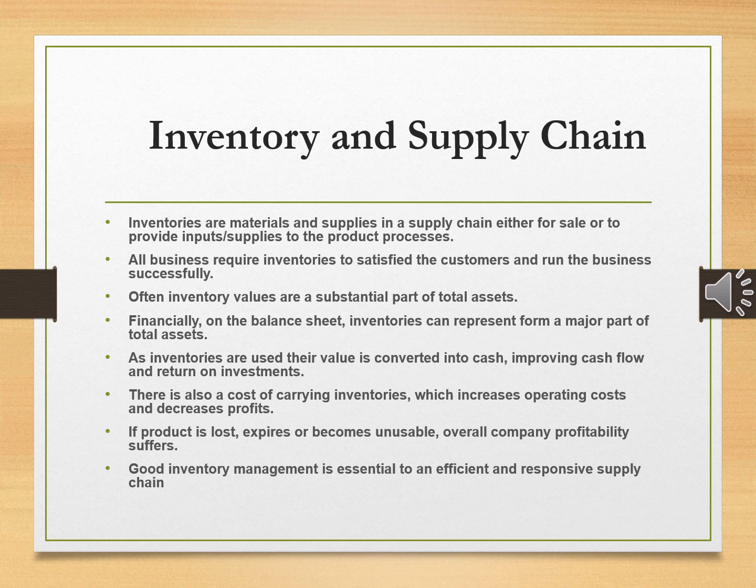Good inventory management is essential to an efficient and responsive supply chain management. So this last point is the essence of inventory's role in supply chain management: good inventory management is very essential, important, and vital for a responsive and efficient supply chain.